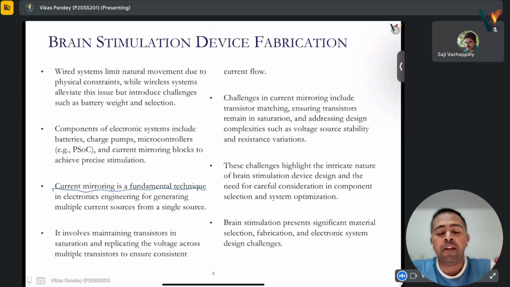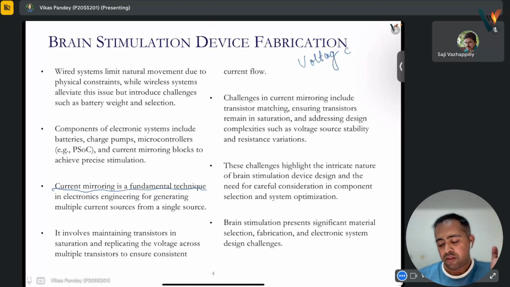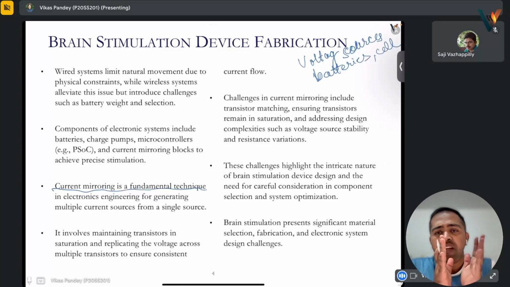As you might be aware, in general we have standard voltage sources that are batteries or cells. These are very common.